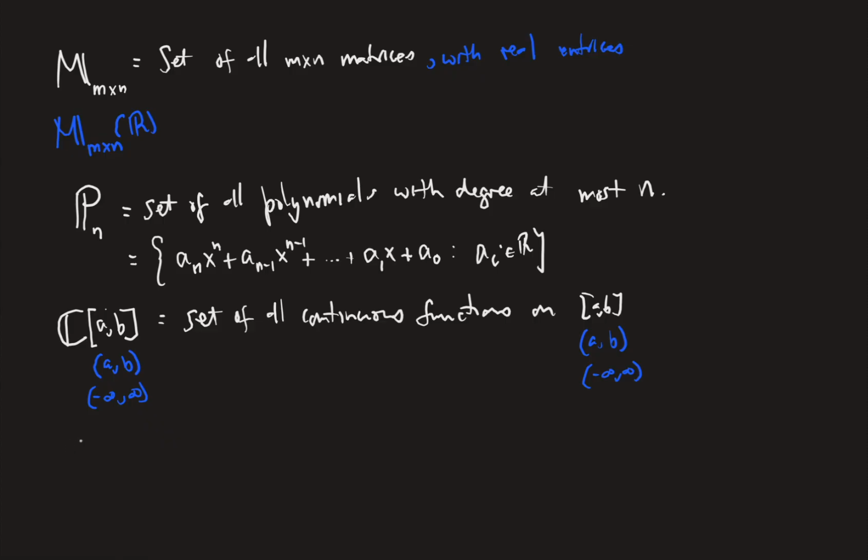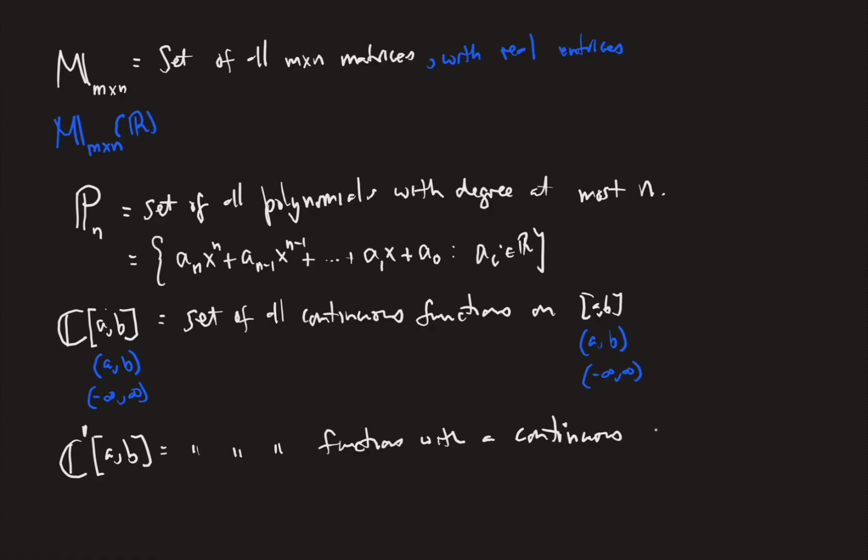Then the way we denote that is we put a little 1 there, right? To say, okay, there's a derivative. And now we're looking at all the functions with a continuous first derivative, right? So this would be the set of all, let's just say, functions with a continuous first derivative.